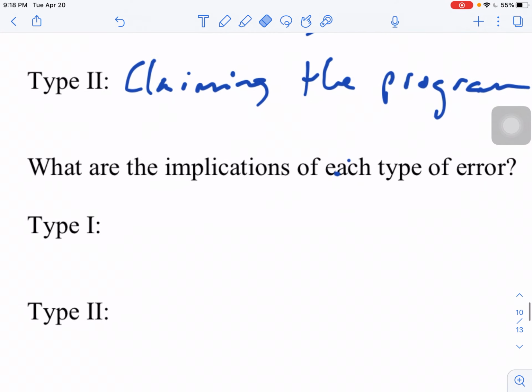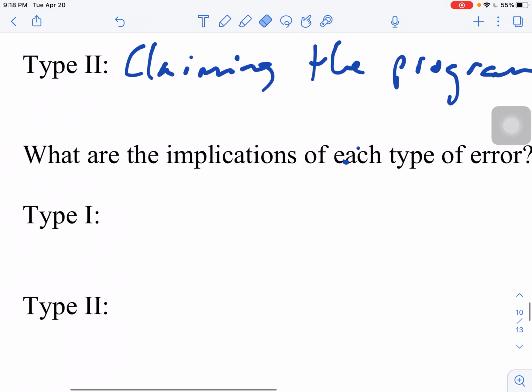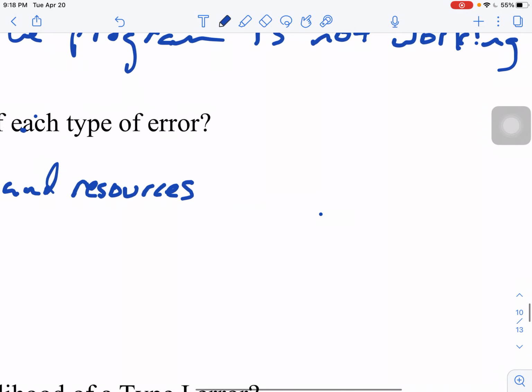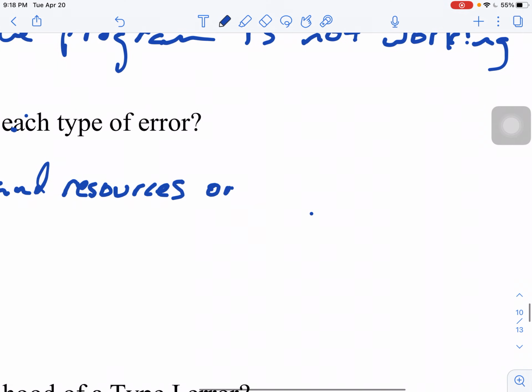So the consequence of a type 1 error is wasted money and resources on an ineffective program.